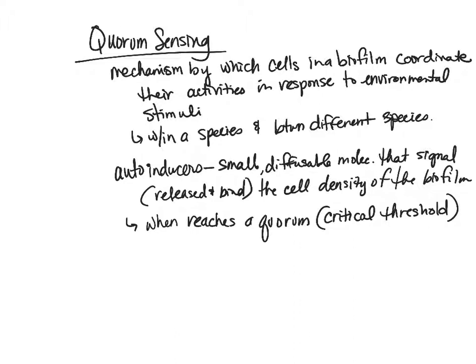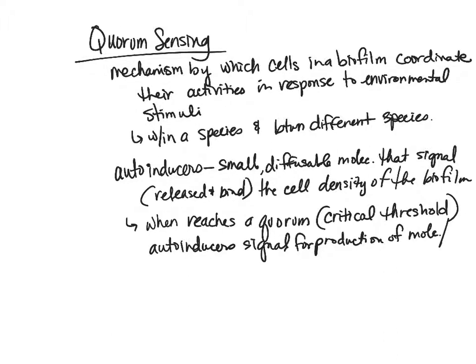So when it reaches this quorum, which is some critical threshold, now these autoinducers are going to signal for the production of molecules or functions that are only beneficial at those densities.